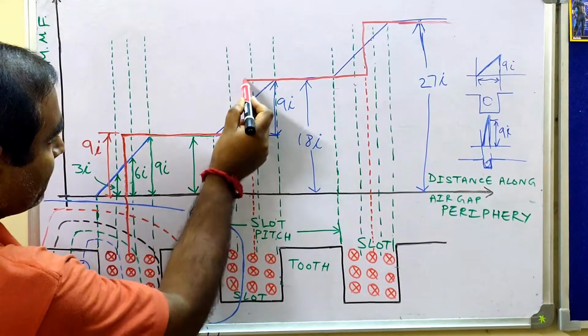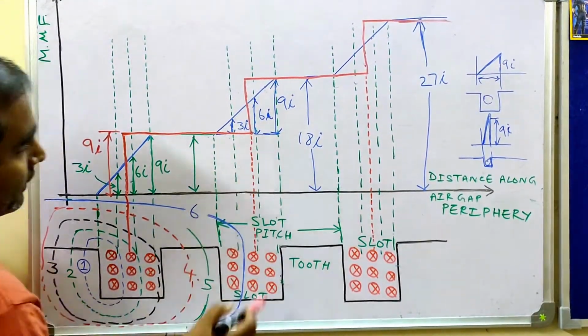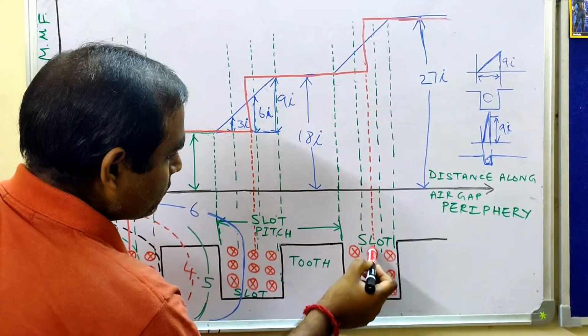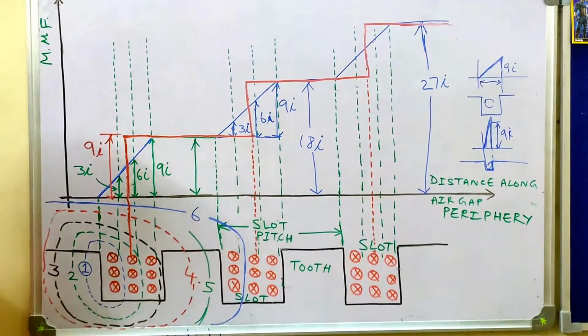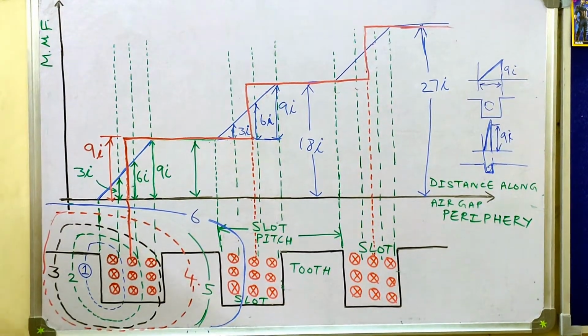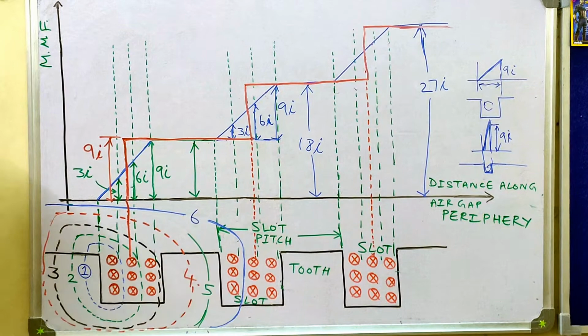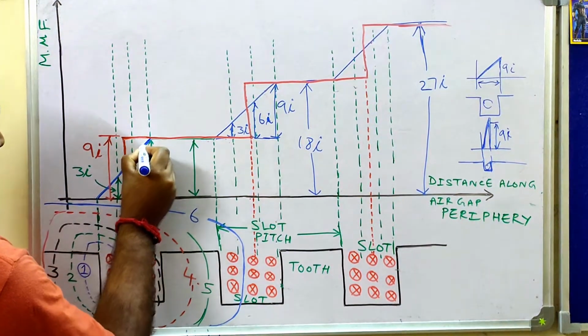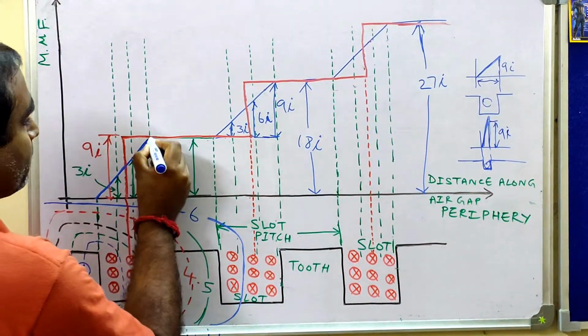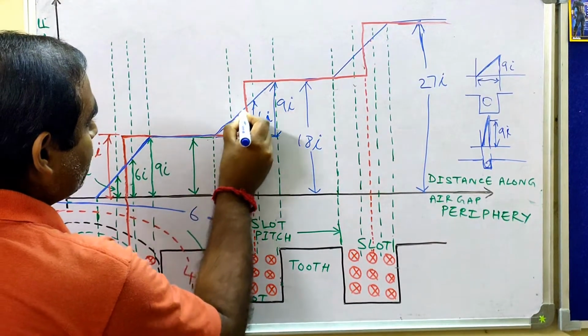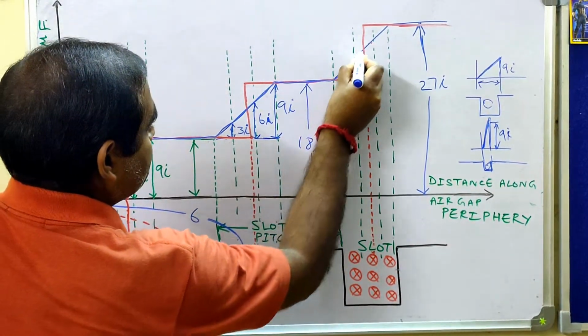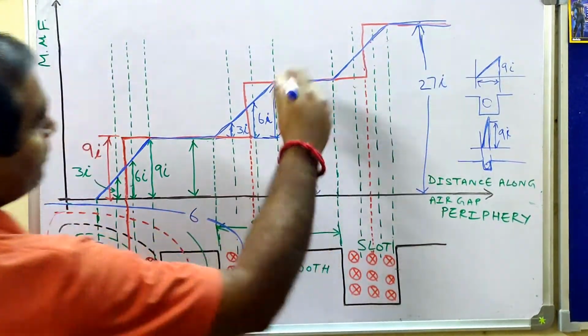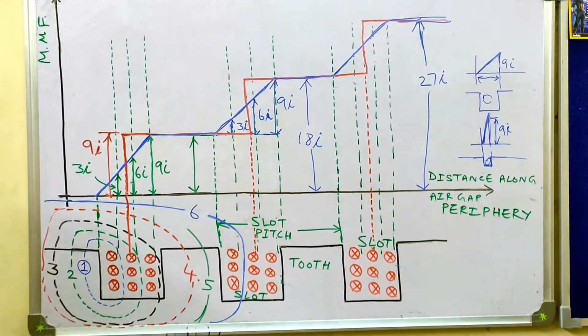There is a step jump at the middle of the slot, and here there is a step jump at the middle of the slot. But the actual variation is the blue one, the blue line. This is the actual variation. However, for convenience, we approximate this by a step jump. So this blue line is the actual variation, and the red one is the approximated variation of the MMF over the slot pitch.